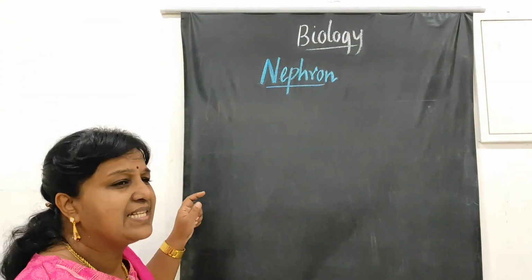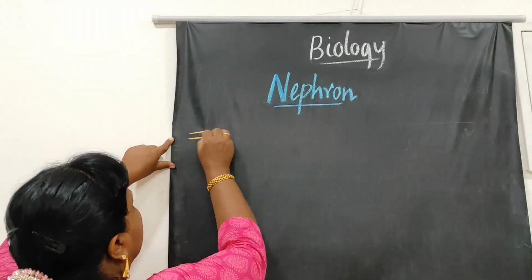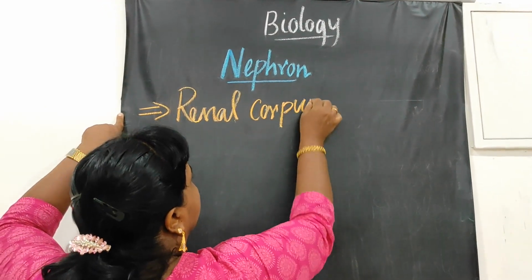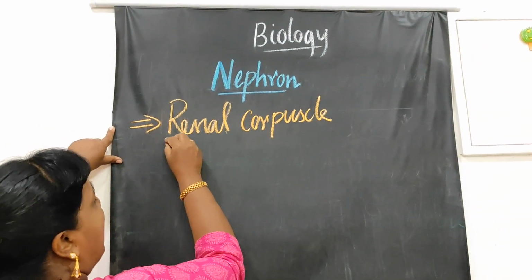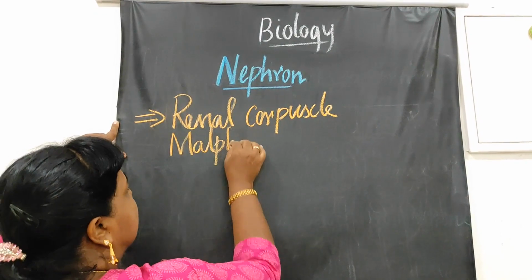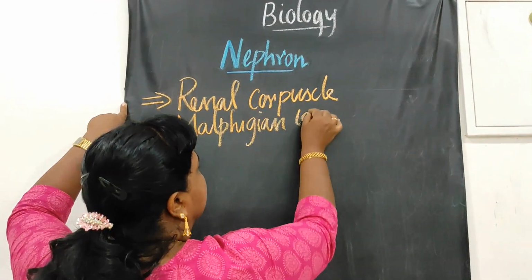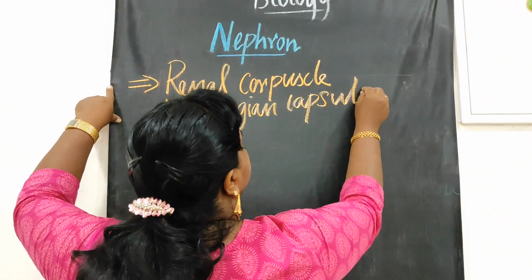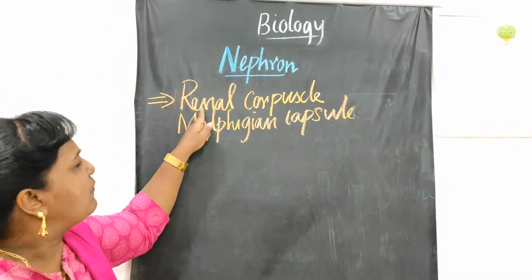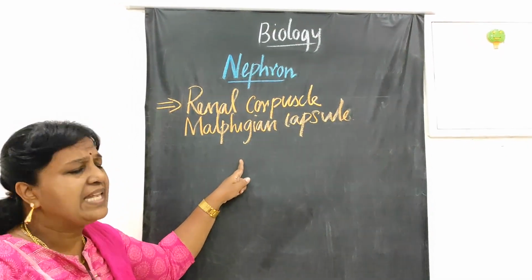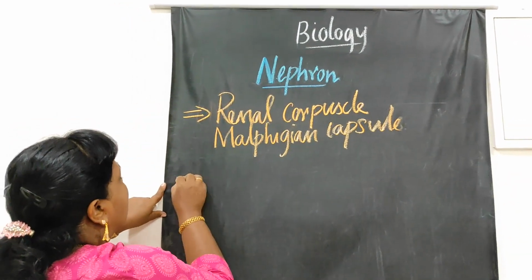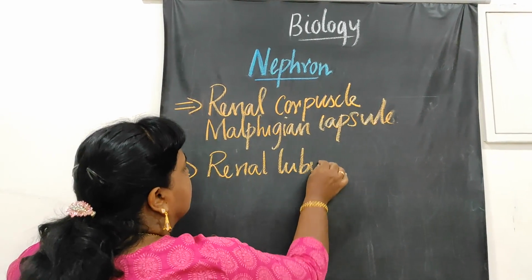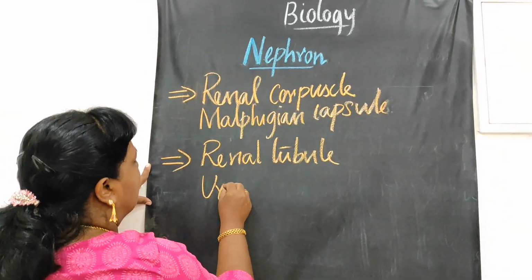Now this nephron consists of renal corpuscle or Malpighian capsule, and also renal tubule or uriniferous tubule.